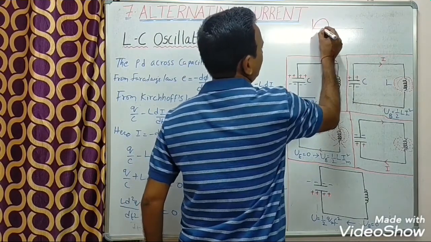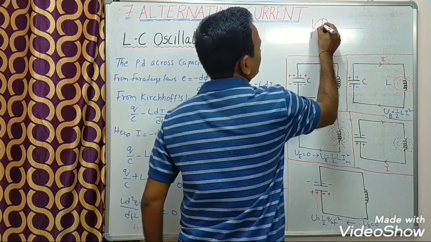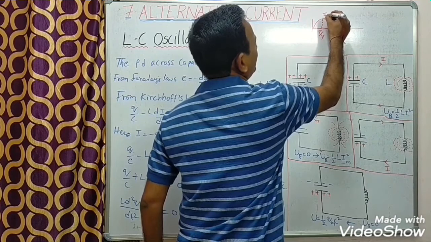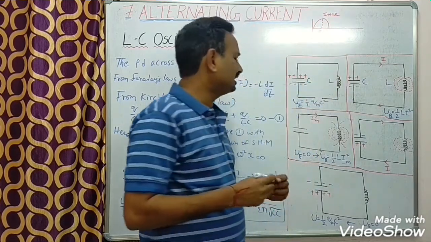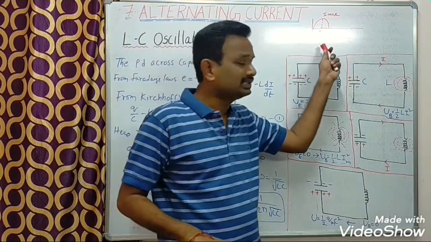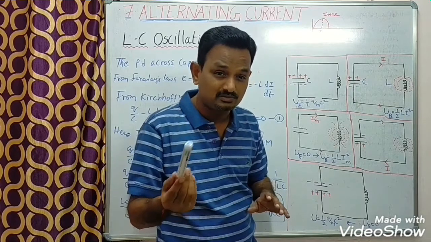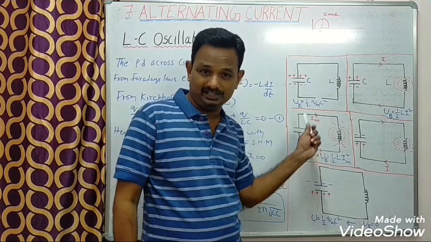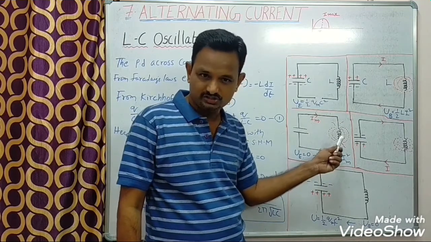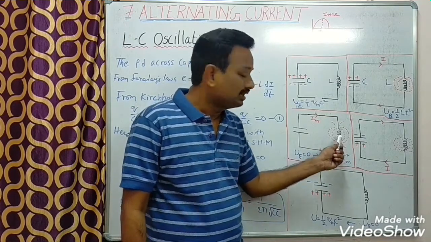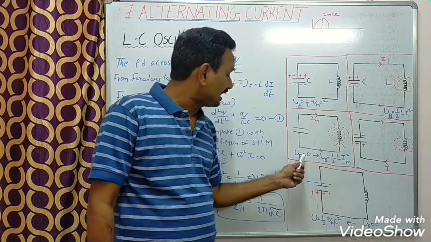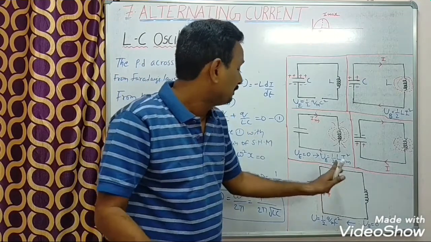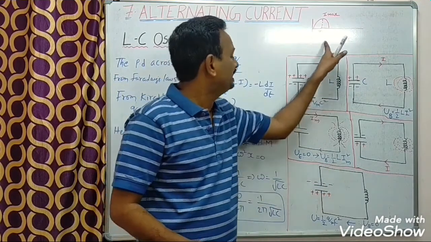See, this is time T by 4. At time T by 4, I will be maximum. At that time the complete charge will be discharged. So at that time the electrical energy is completely converted into magnetic energy, at time T by 4.